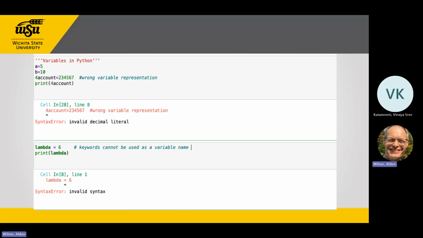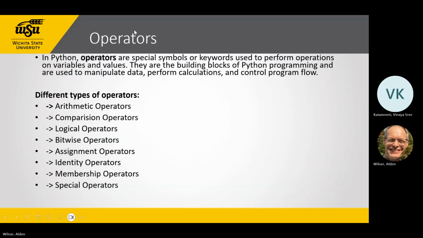Lambda is a keyword for making a nameless function. Ordinarily, if you want to create a function in Python, you say def and the function name. Well, sometimes you want to just have a throwaway function that's just a few little short statements or something like that. So you can say lambda, and it'll actually drop a function right in there, call it, and then return, and you never see it. And that's basically, I think, as much as we'll say about lambda in this lecture. We'll get into it more later.